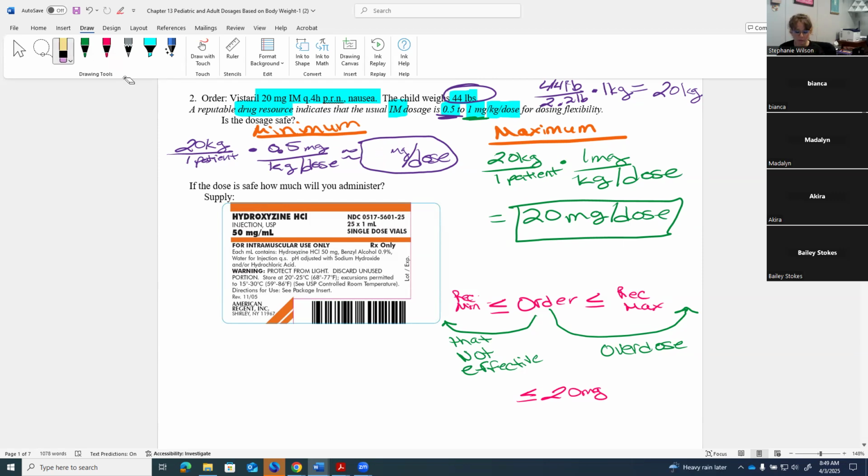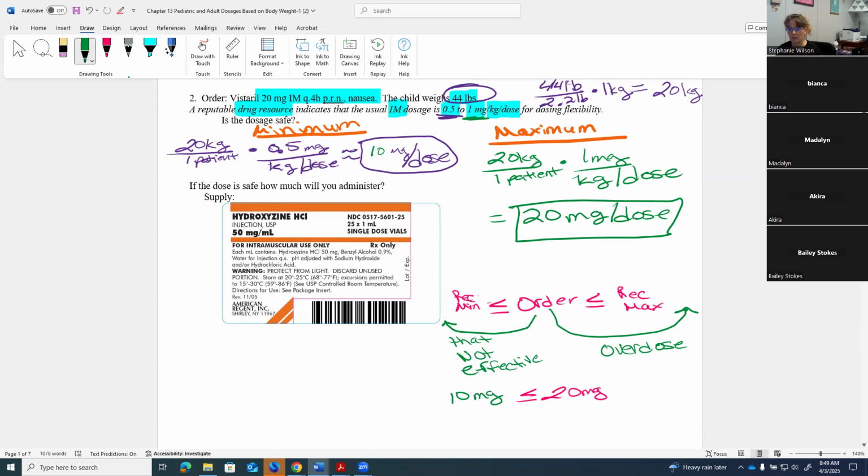On our minimum, it was 0.5 and not 5. So it is 10. So that's another way you can catch your mistakes. If your minimum was greater than your maximum, then you know you did something wrong. So these are little things you can look for. And I apologize, it was 0.5. So those of you that caught it, kudos to you.